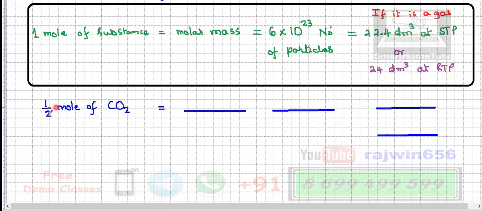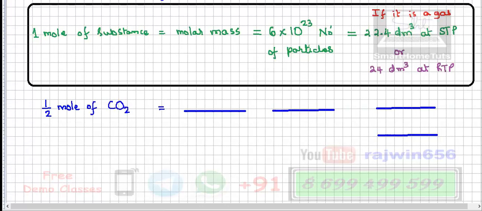Now the first example that we have taken over here: 1 mole of substance is going to be all of these things. Half mole of a substance, that is half mole of carbon dioxide, CO2. In terms of decimal also you can write, it will be 0.5 moles of carbon dioxide. We are supposed to calculate, first of all, its molecular mass. Now the formula is CO2.